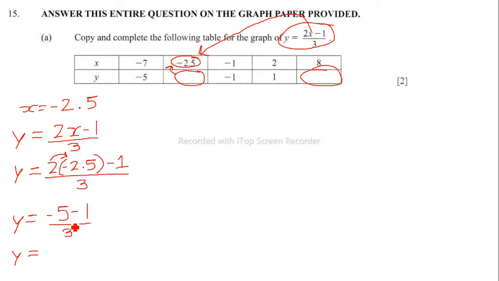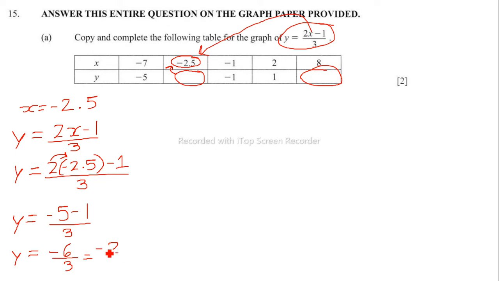Alright, so negative 5 minus 1. It's like you owe $5 and you owe $1, so you owe $6, right? Divided by 3. What is 6 divided by 3? Negative 2. Very good. 6 divided by 3 is 2, but we already had a negative, so we keep the negative as well.